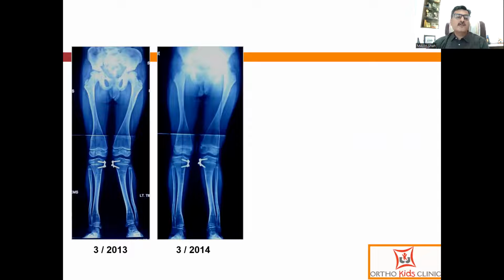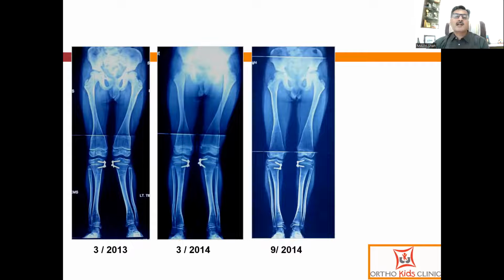Again, in 2014, a year later, you can see the mechanical axis on the right side corrected well, but now with more correction, the left side screw is backing out more and more. So we revised the plate, and I now placed the metaphyseal screw straight, the same screw and same plate. And in 6 months' time, the deformity started correcting. So this case shows that your implant placement should be very precise and not too small a screw, especially in metabolic bone disease.